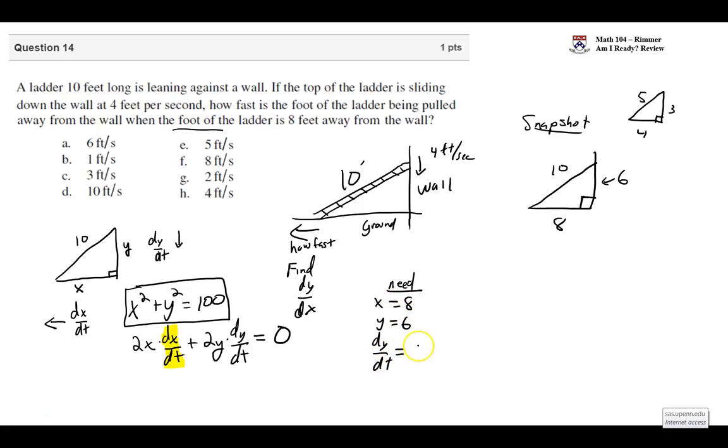Be careful. They said it was 4 feet per second, but it's a negative value. y is decreasing, so we have to enforce this. Okay, so we plug the players in. 2 times 8 times dx/dt plus 2 times 6 times negative 4 should be equal to 0.